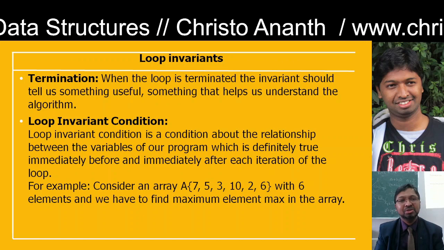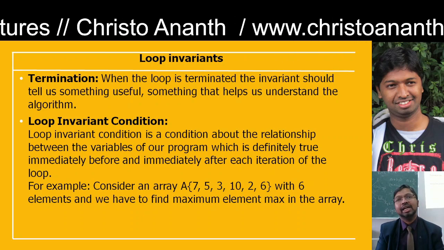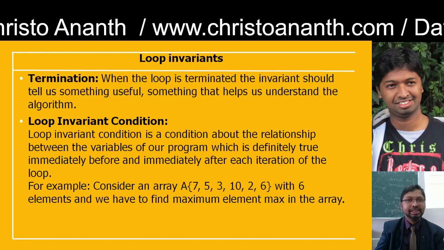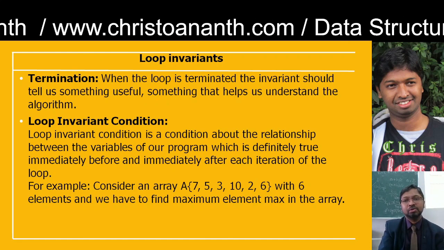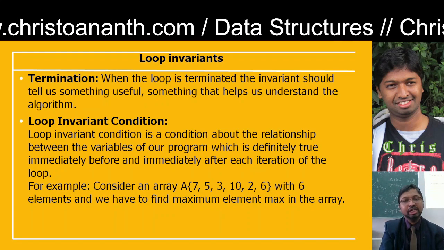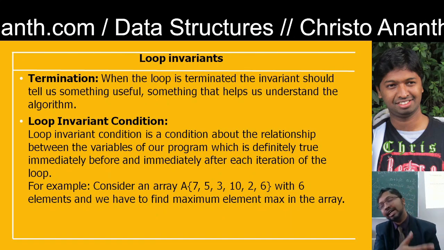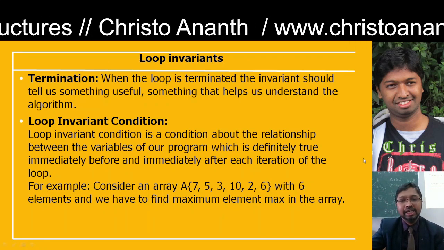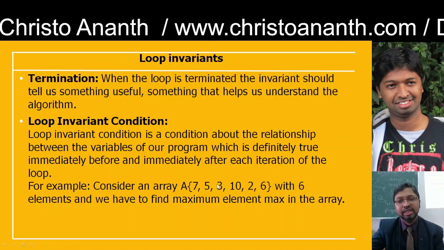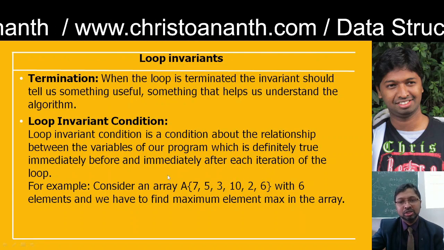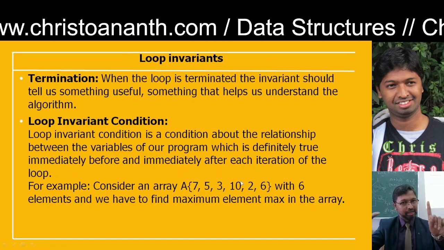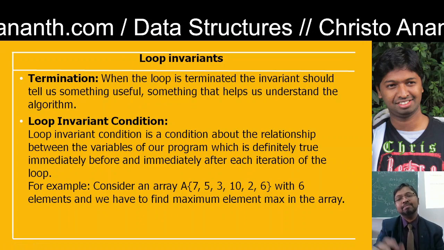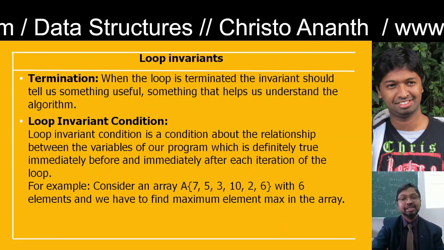So a loop invariant is nothing but a condition, especially about the relationship between the variables of the program, which is definitely true immediately before and maybe immediately after the iteration of the loop. For example, you have the array 7, 5, 3, 10, 2, 6, so totally we have 6 elements. We have to find the maximum element, max, in the array.